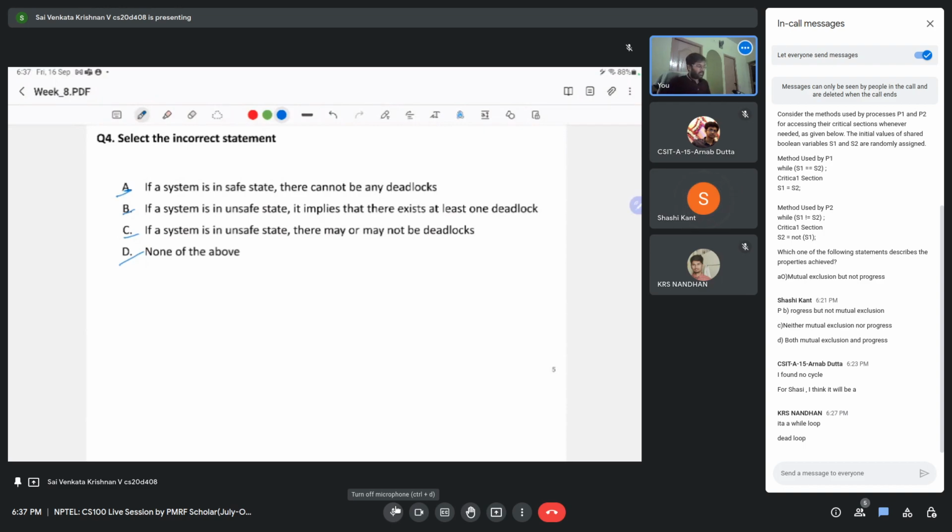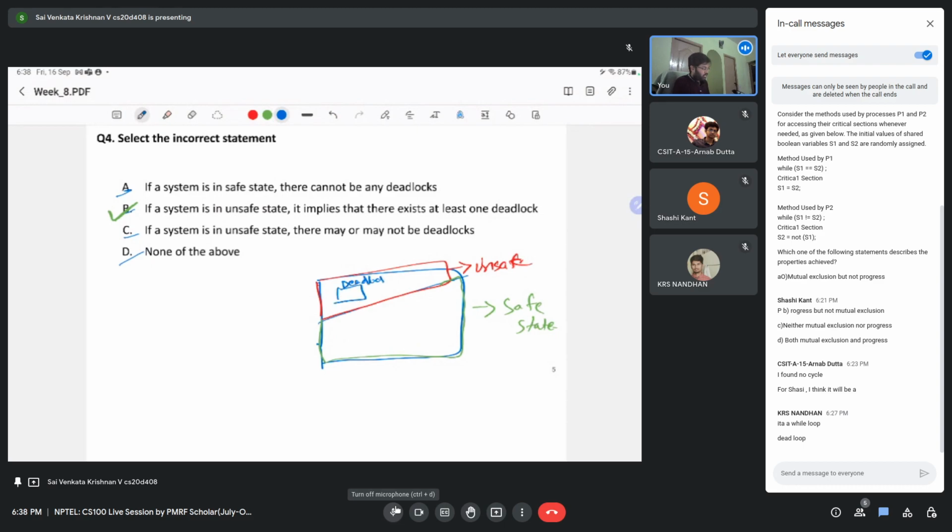So B is not correct. In an unsafe state, there is a possibility of a deadlock, but you can't be sure of it. Exactly, so option B is the correct answer. In the lectures you would have come across this diagram. This whole region is the unsafe state, and this region is the safe state, and within this is the possible deadlock state.